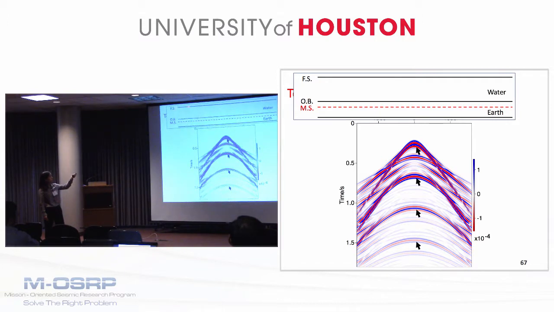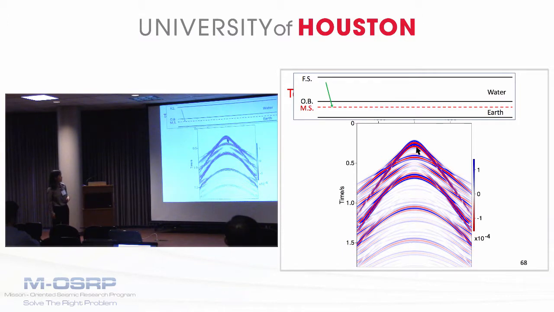You have the free surface, you have the ocean bottom, and this is the measurement surface where the displacement is measured. We put the measurement surface slightly below for clarity, but actually the measurement surface is right beneath, or at the lower boundary of, the ocean bottom. For all these 4 events from top to bottom, we show the raypath plot from left to right.